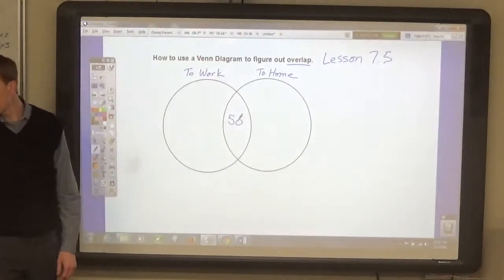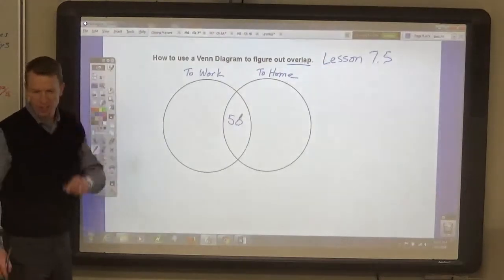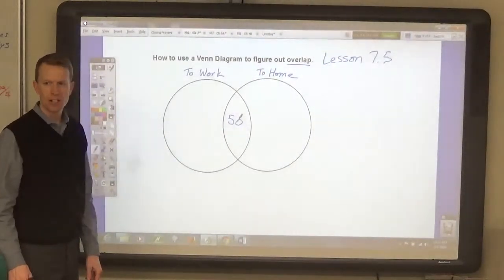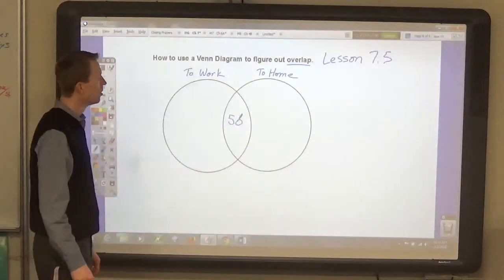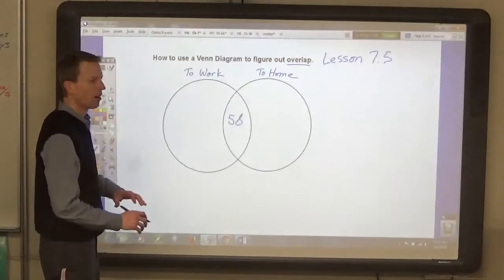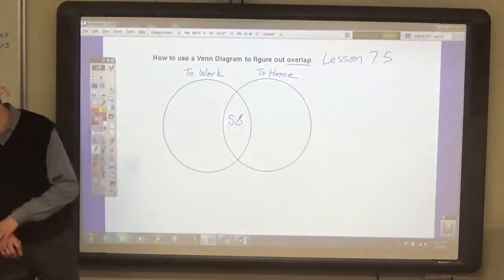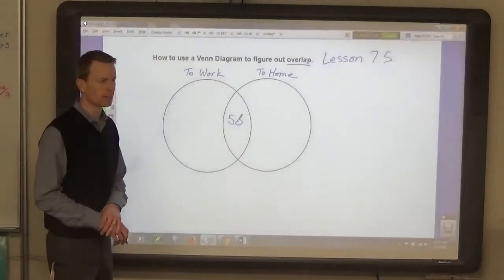Now, how many drivers sit in traffic going to work? Look in your book. How many sit in traffic going to work? 200, isn't it? 200 drivers sit in traffic going to work, right? That's what it says.